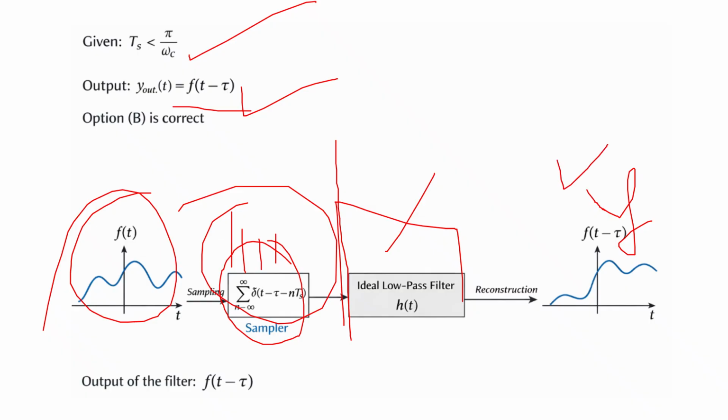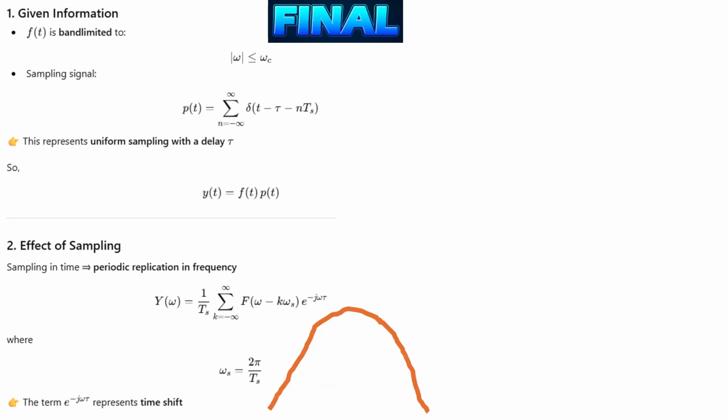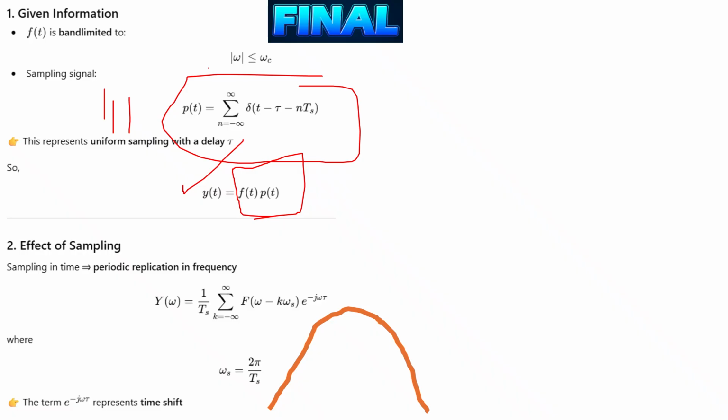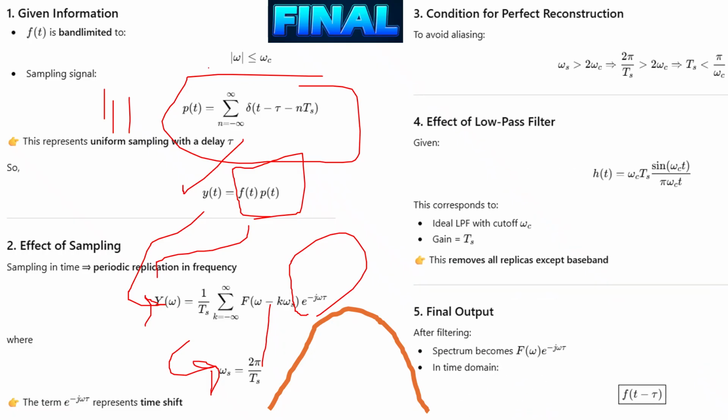Okay, so the y of t output will be f of t minus tau. So in more detail, let's see. First of all, f of t is given, and p of t, that is the pulse train, is given. So y of t is equal to f of t into p of t, right? Now if you convert this y of t into the frequency domain, multiply by e to the power minus j omega t, and here further you can rewrite omega s as equal to twice pi by Ts, right?